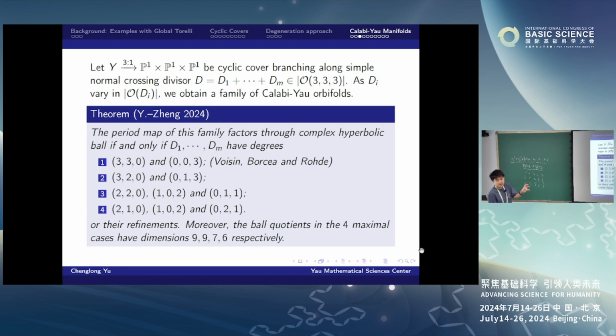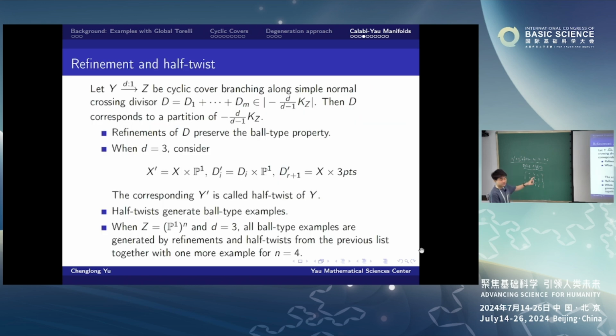But if you deform them a little bit in the Calabi-Yau manifold, then things will be a little bit different, but we have also some study on this side. But first, maybe let me finish this part. So we have a construction called refinement and half-twist. For refinements, we just take further decompositions of those divisors or further degenerations.